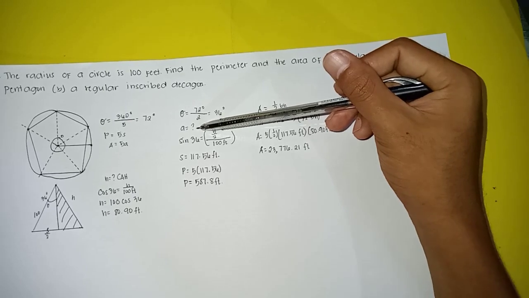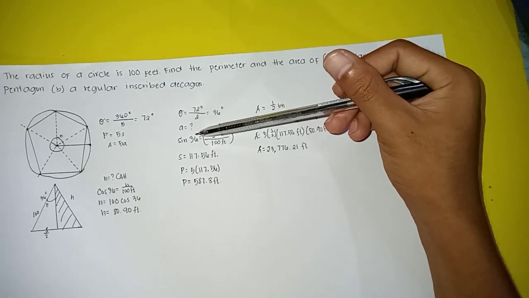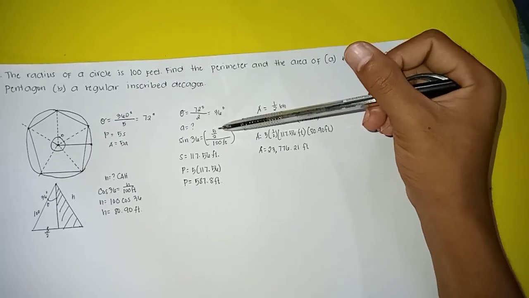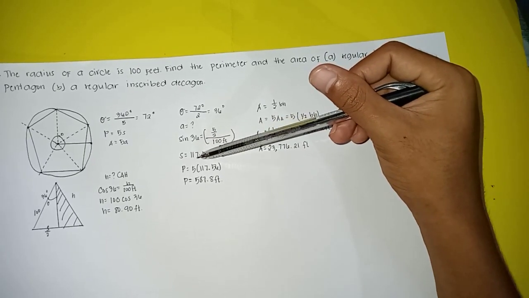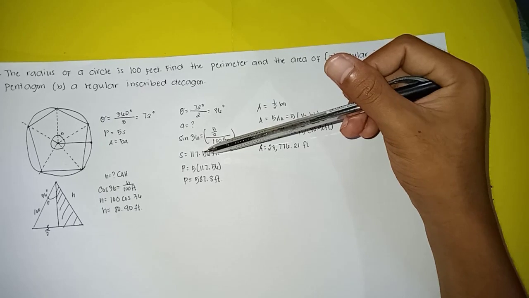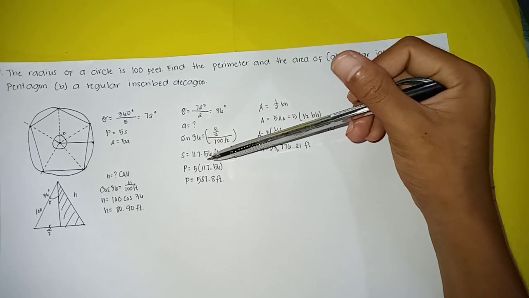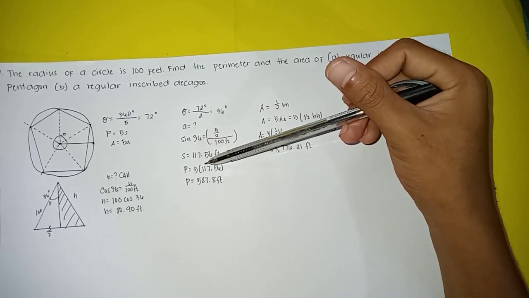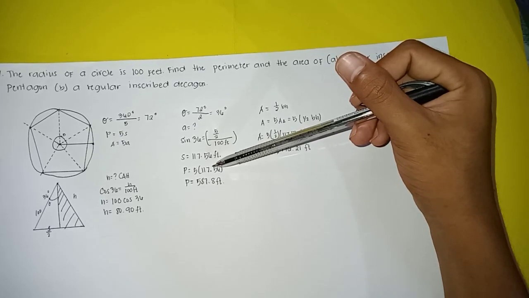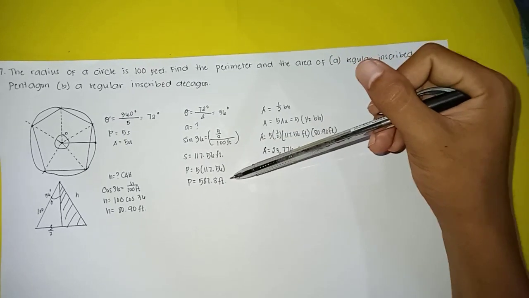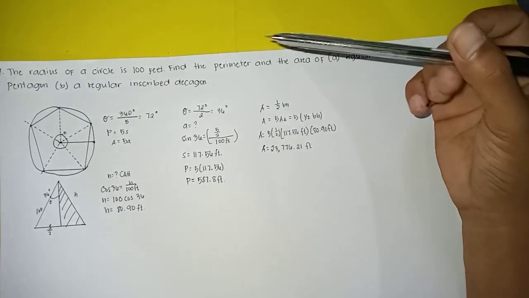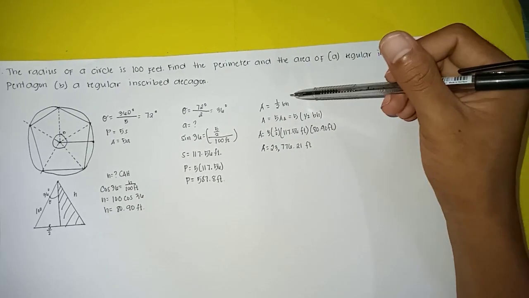Then next, theta equals 72 degrees over 2 equals 36. We will find a. Sine 36 equals a over 2 over 100 feet. A equals 117.56 feet. P is equal to 5 times 117.56 feet. P is equal to 587.8 feet.